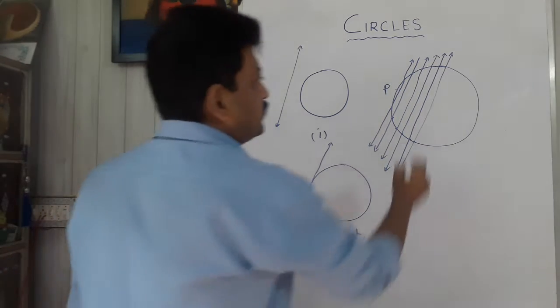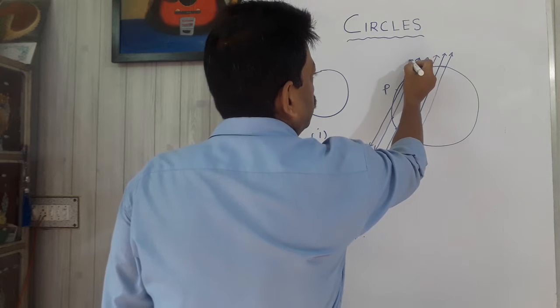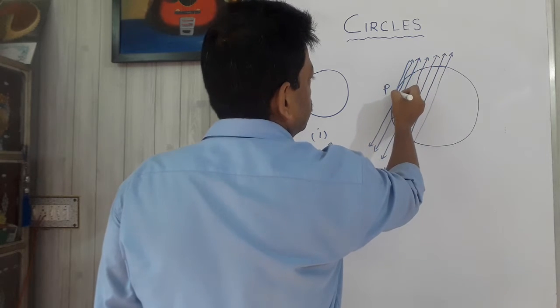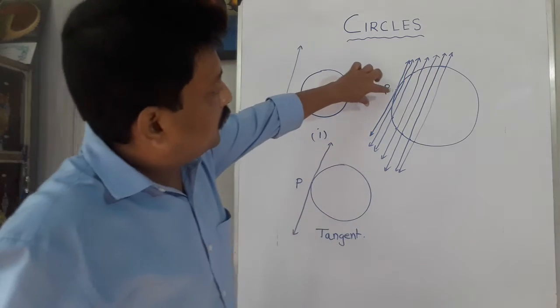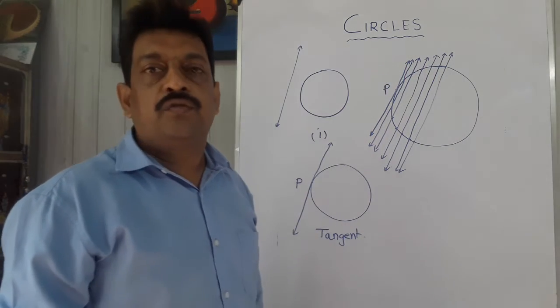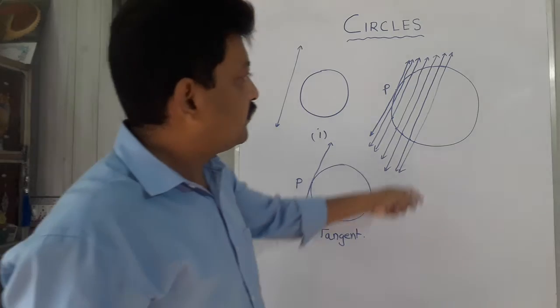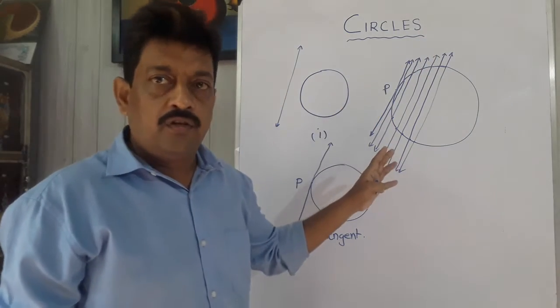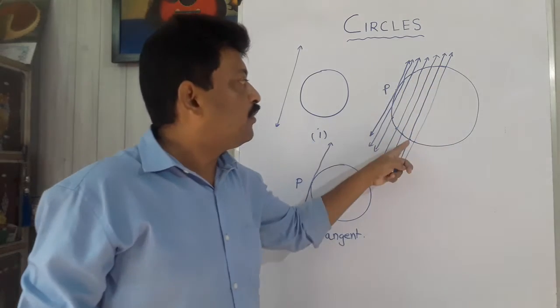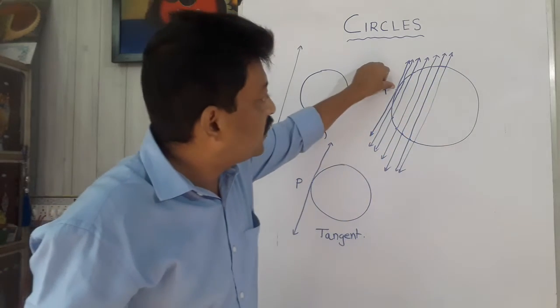In that case, if a line is drawn through this point, that is P, then it becomes a tangent to the circle. So we can say a tangent is a special case of secant where the points of intersection coincide with each other.